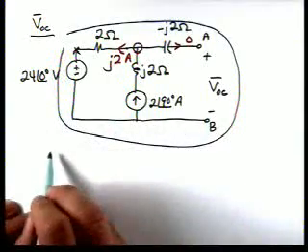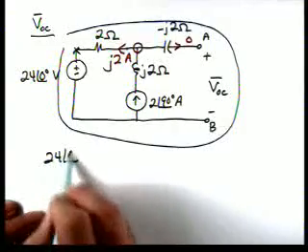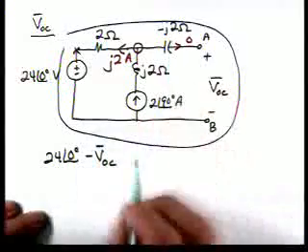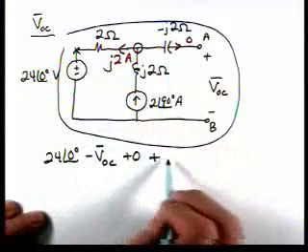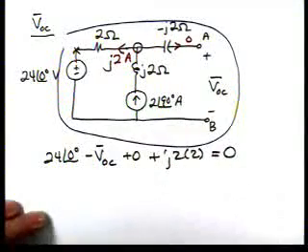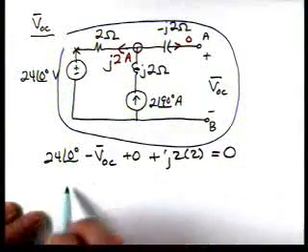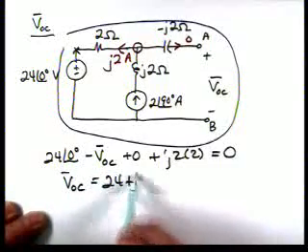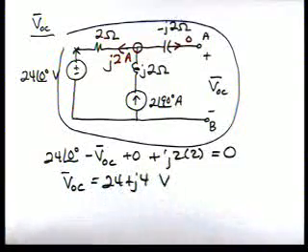We'll have 24 at an angle of 0 minus VOC plus 0 plus J2 times 2 equal to 0. Then VOC is 24 plus J4 volts. That completes the calculation of the open circuit voltage.